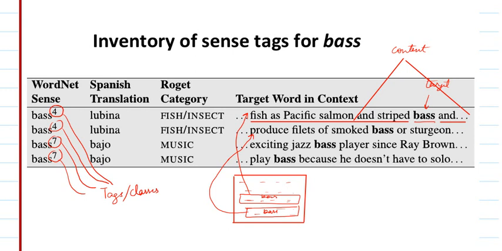So I will generate the data set from this inventory, right? For generating the data set, I have to apply feature extraction on this text part.